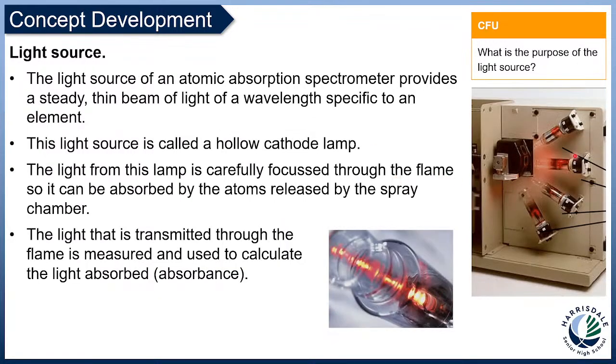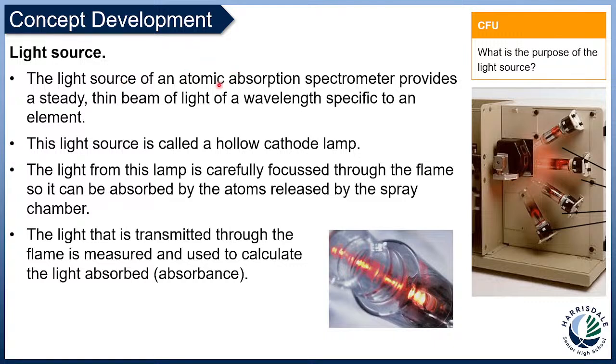Now light source. These tubes are your cathode lamps. And these cathode lamps are going to emit a specific wavelength of light that would be suitable for this particular sample.